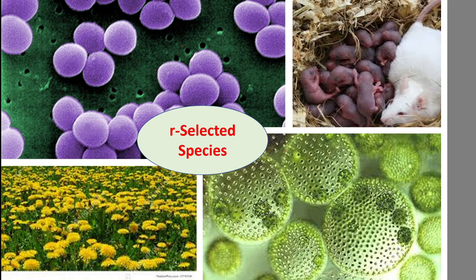R strategy species have evolved a mechanism where they spend their precious energy to increase their chances of survival as much as possible, and they have decided to develop as many offspring as possible so that in adverse conditions or a harsh environment, out of the large number, at least a few organisms will survive and the species will continue. That is what they have developed.